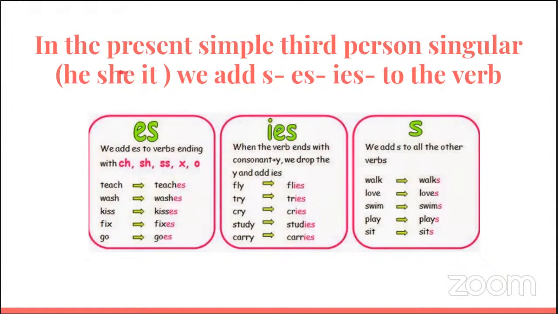But nevertheless, in the simple present tense, third person singular, talking specifically about he, she, it, we are going to be adding S, ES, or IES to the verb. According to this classification, we add ES to verbs that end in CH, SH, SS, X, or O. So, for example, from teach, we will say teaches.